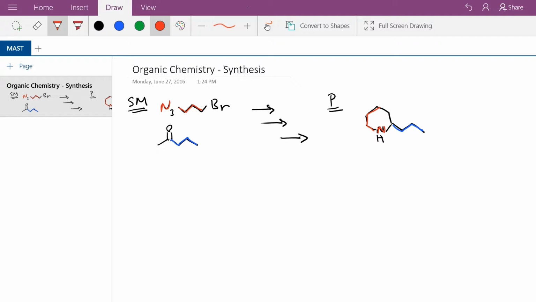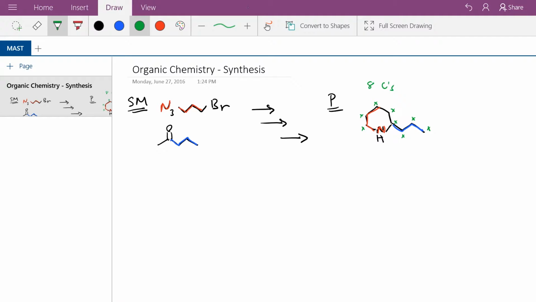And the next thing I like to do for synthesis problems is to count the number of carbons. And this might sound really trivial, but it's actually pretty valuable because it can tell you whether you need to have any reagents that add or remove carbons. So if we count the number of carbons in the product, we have 1, 2, 3, 4, 5, 6, 7, 8 carbons.